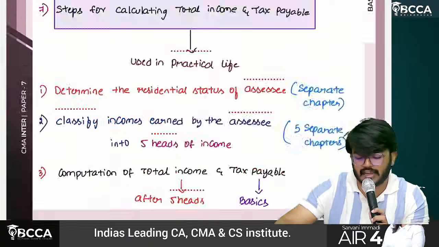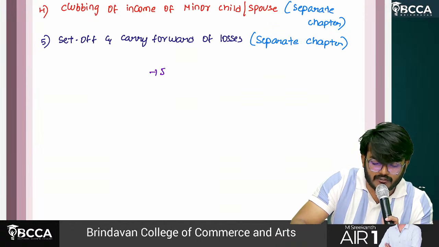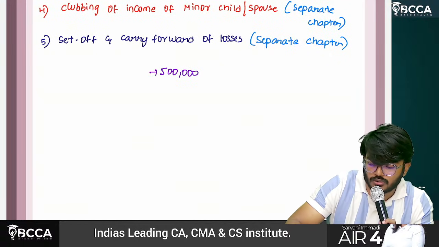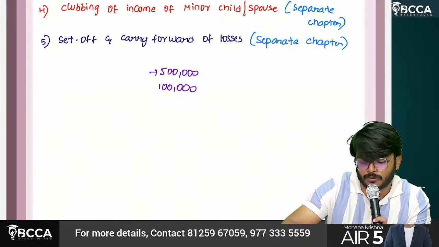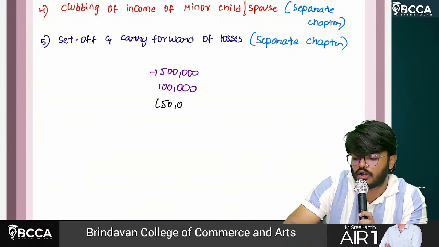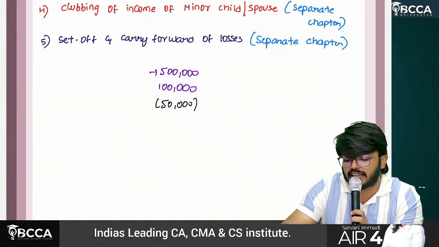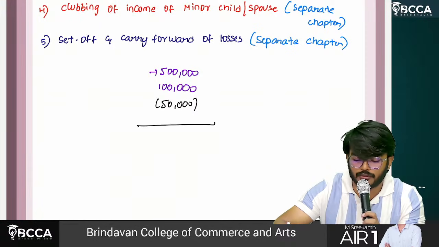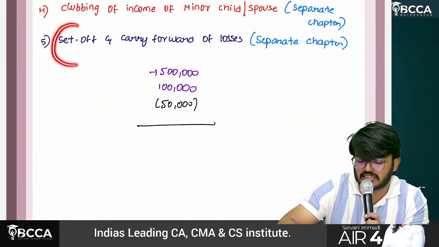Correct? But assume one person is having salary income of 5 lakh. From house property also, assume he is having 1 lakh rupees. From business, assume he is having 50,000 loss. From business, what is this person having? 50,000 rupees loss. Now what we have to do? If you deduct this amount, it is the meaning of set off.